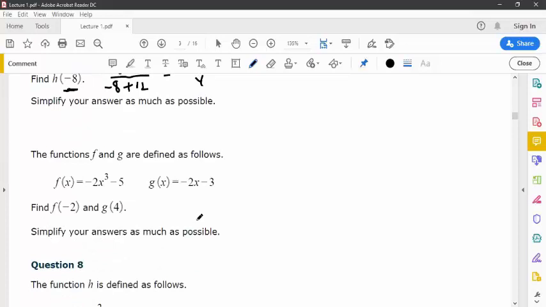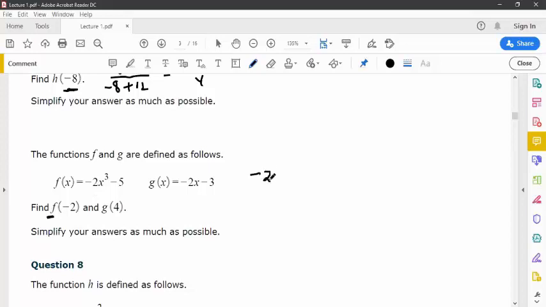So our next problem says the functions f and g are defined as follows. Remember, the f and g are just the names of the functions. So f of x equals negative 2x to the third power minus 5. G of x equals negative 2x minus 3. We have two different problems to do. So it says find f of negative 2 and g of 4. So remember, the f is the name of the function. So what it's telling us to do is use the f function and replace x in the f function with negative 2.